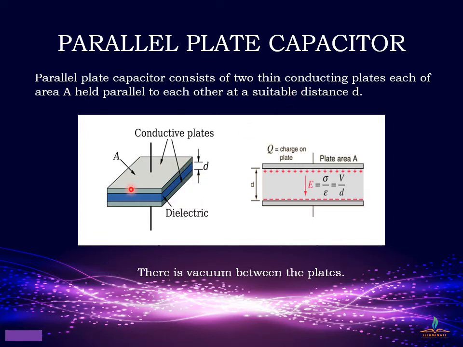In the diagram you can see these sheets are sandwiched with a dielectric material between these two plates. The separation is known as D and the area is capital A. Now we can write the relation between potential and the electric field: E is equal to sigma, the surface charge density, upon epsilon, is equal to V by D. And you have to remember, students, that there is vacuum between these two plates.